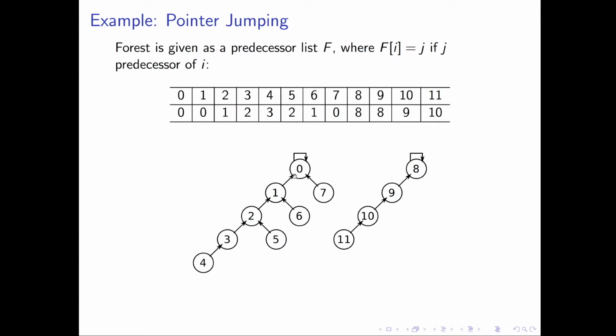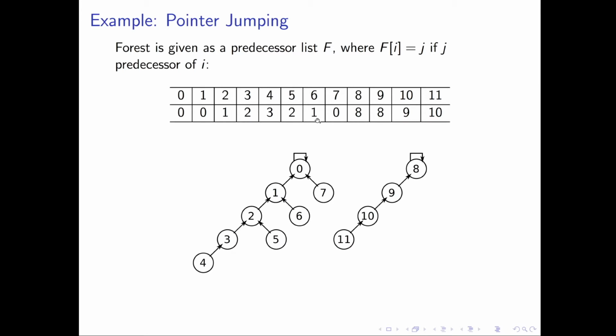The root node of each tree is characterized by that the predecessor is the node itself, and as you can see, the predecessor of the root node of the first tree is the node with the number 0, and the root node of the second tree is node number 8, and it's also its own predecessor. And then you can see the predecessor of 1 is the root node of the first tree, is 0, and then the predecessor of 6 is node number 1, and so forth.